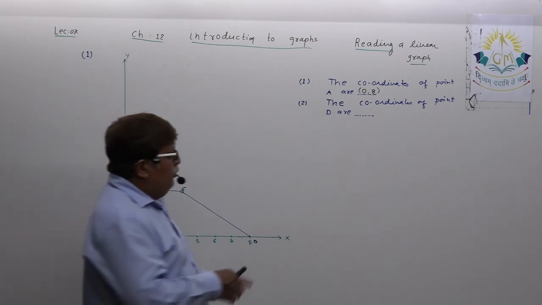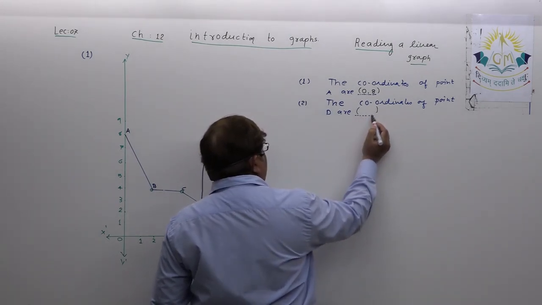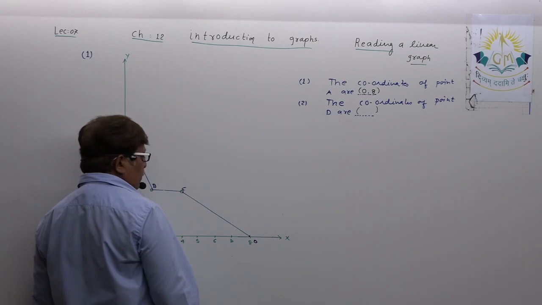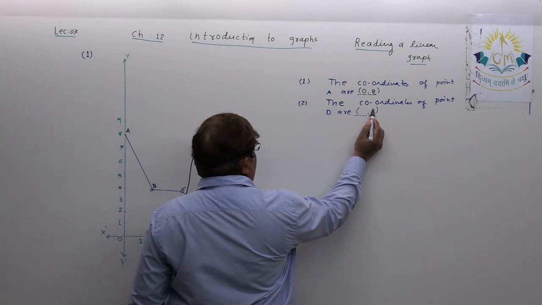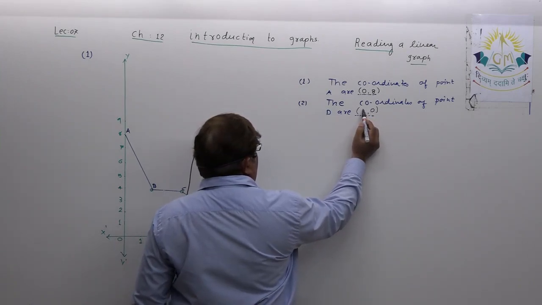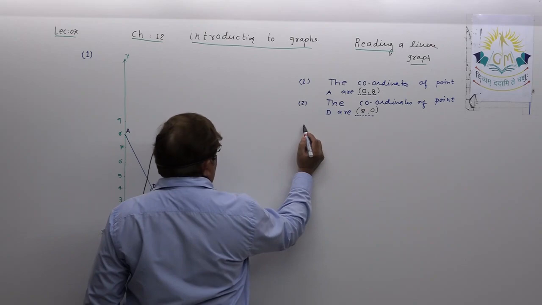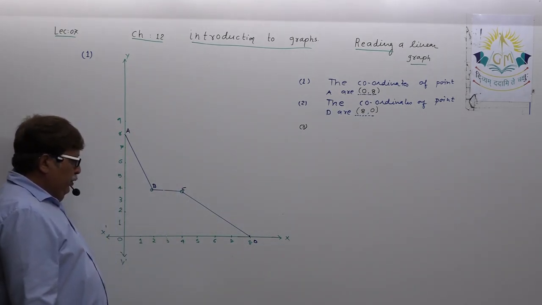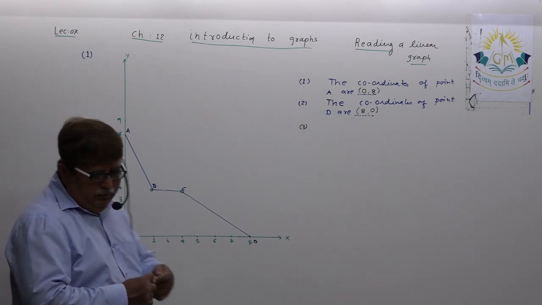So can you guess the coordinates of point D? How will you write? Because point D lies on the x axis, its y coordinate will be 0. The x coordinate you know is 8, that you can read from here only. So this way, understand, questions can be formulated. Okay dear student.